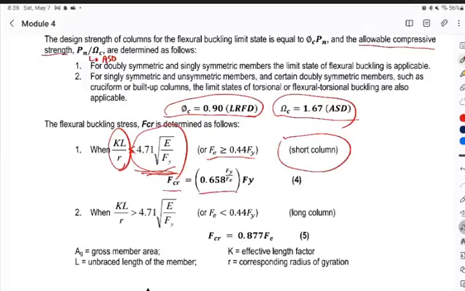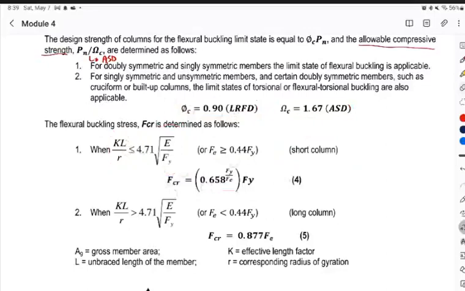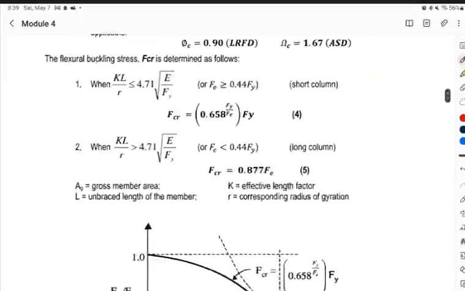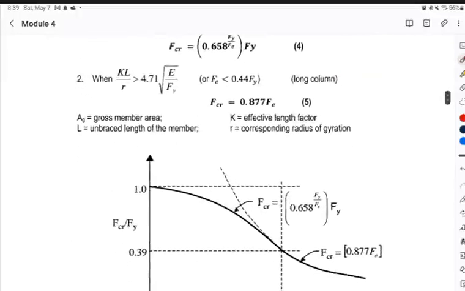Sir, saan galing yan? Binigay yan ng NSCP, na inadapt din sa other international codes. Now, if you ask me kung paano na-derive yan, hindi ko alam, class, pero yan yung gagamitin natin. Doon sa NSCP 2001, hindi na yan ginagamit, but we will not talk of the 2001 specification kasi that is very obsolete na.